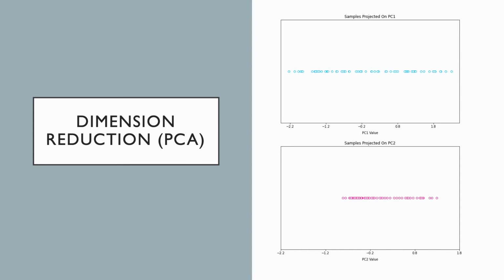So here I took the top two principal components and projected the samples onto them. We see that principal component 1 in blue captures the most variance, followed by principal component 2 in pink. Capturing variance of the data just means that it's able to capture information from the data set.